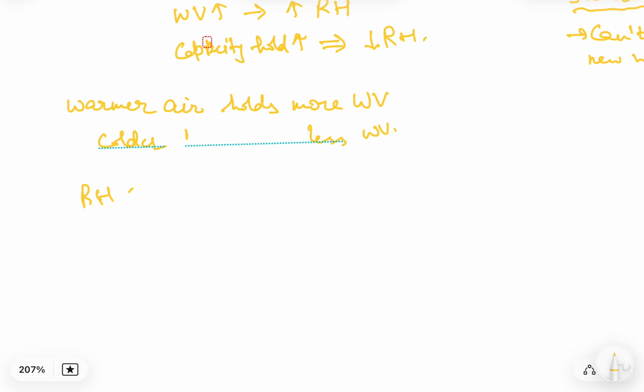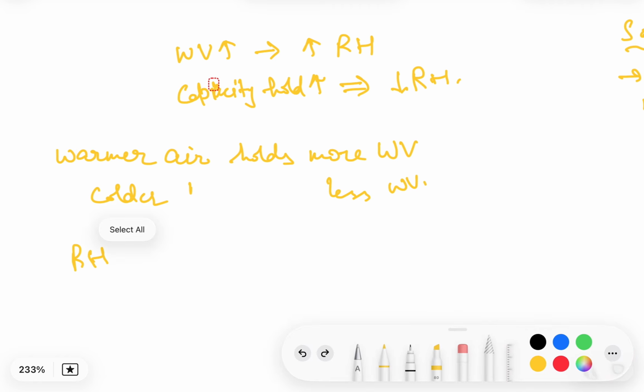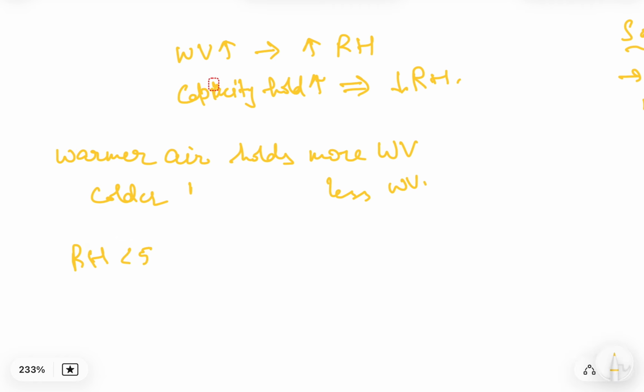So if the relative humidity is less than 50%, then it will be dry air.